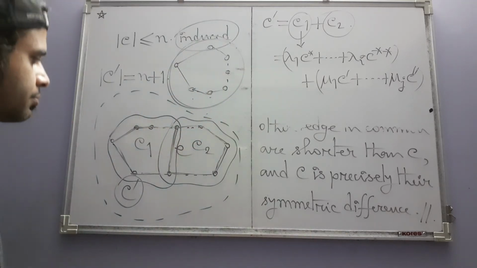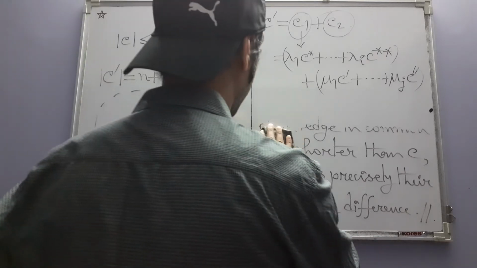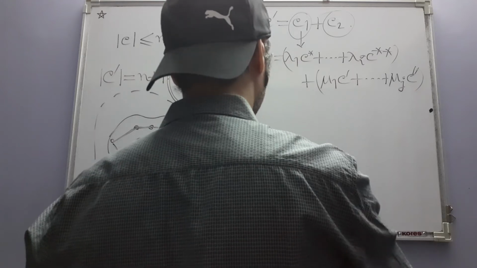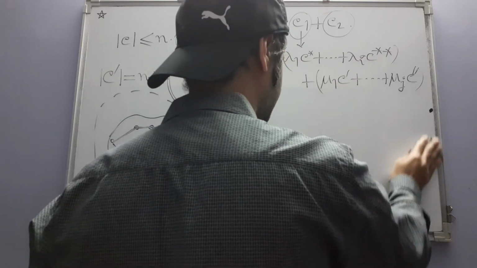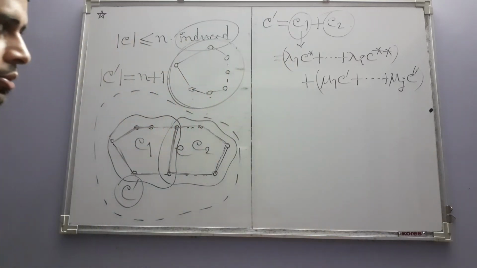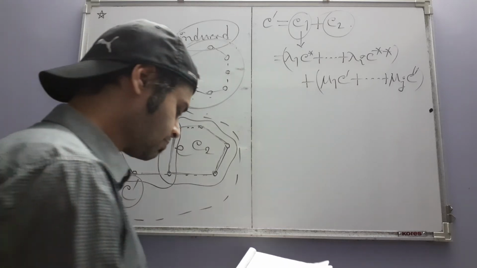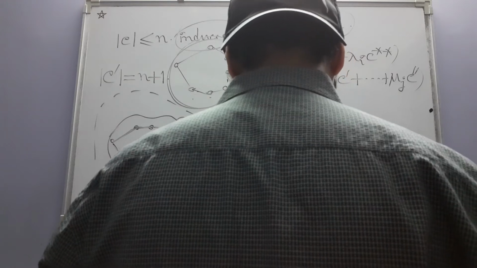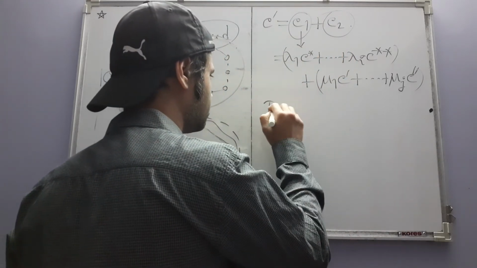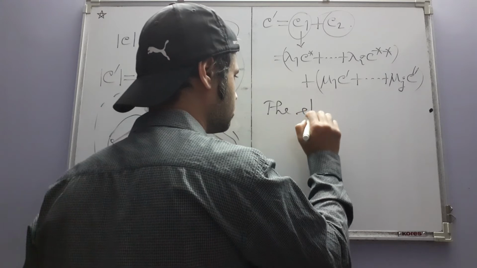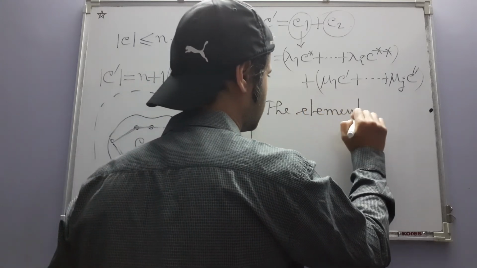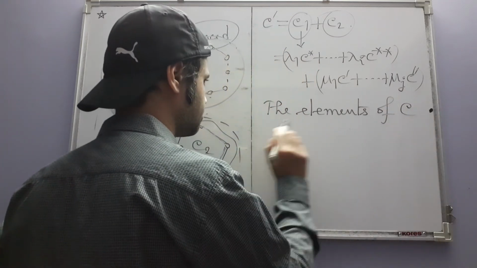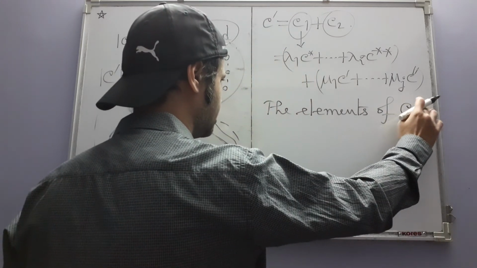Now let's see the statement of the next result. We are not going to prove that result today, but let's see what the author has written next. The elements of C are easily recognized. C means the cycle space. We are not explicitly mentioning the underlying graph.